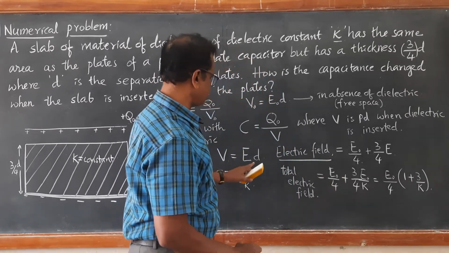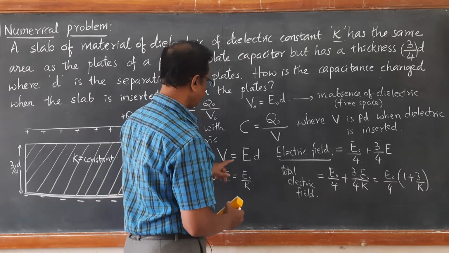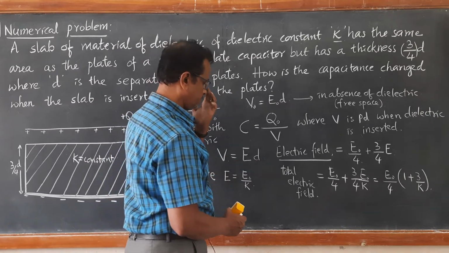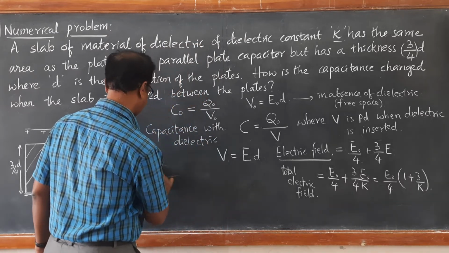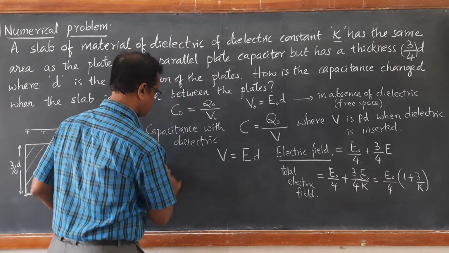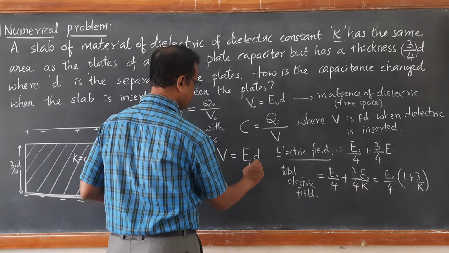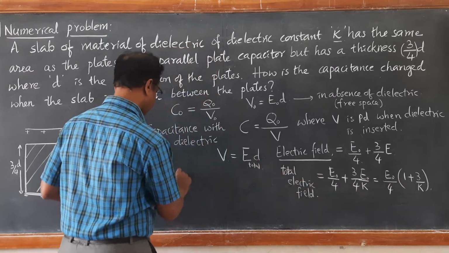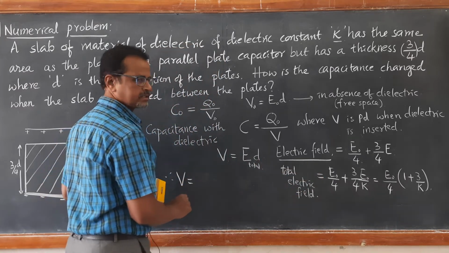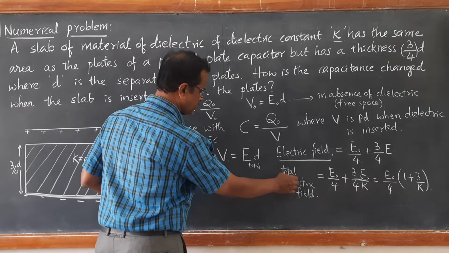Now substitute this total electric field in this equation, then we will be able to get what is B. I will write E total, so that there is no confusion. Therefore, total potential difference V is equal to E total into d.